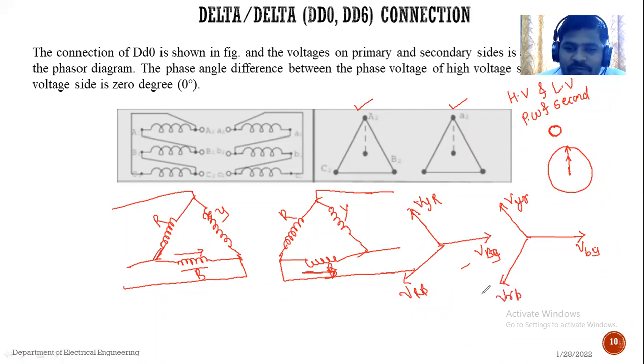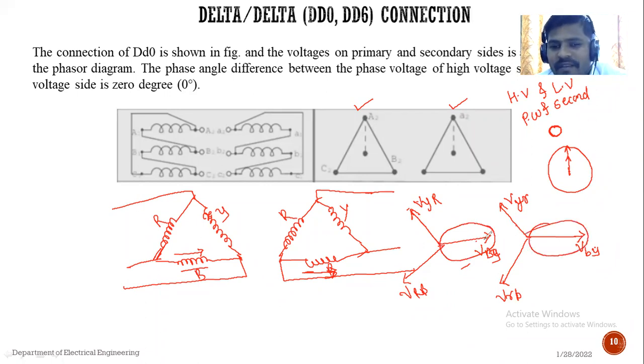Okay, so if this phasor diagram is drawn, there is no phase displacement between each and every winding of primary and secondary. The B to Y voltage of the primary is in phase with the B to Y voltage of the secondary. That means there is a zero phase displacement.